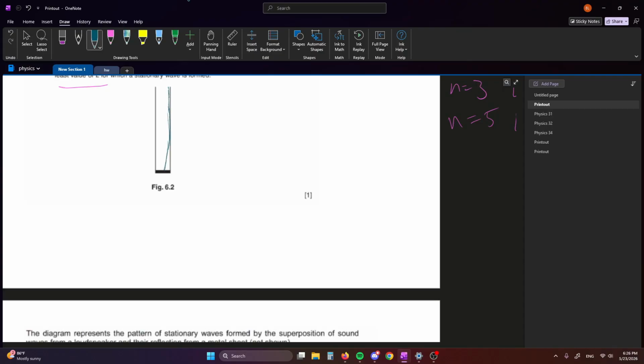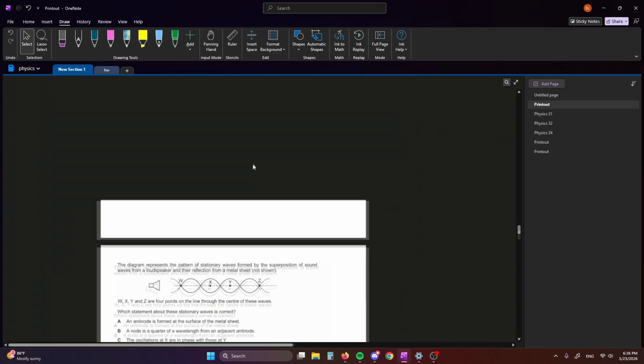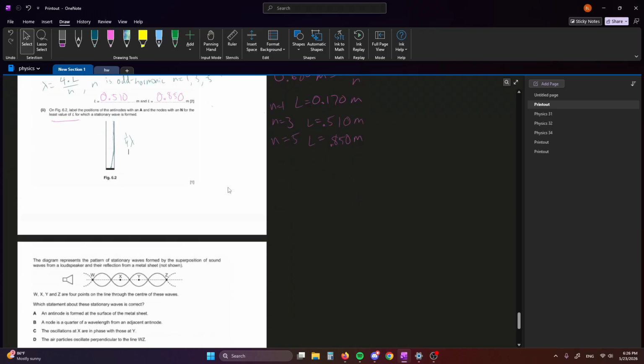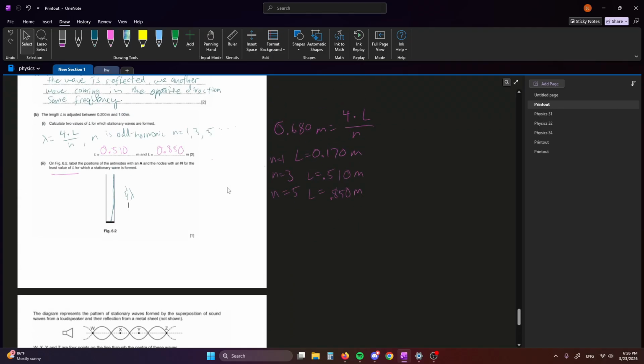So it's like that. And this should be 1/4 of a total wavelength. All right. I believe that is right. And then I forgot the A and N, sorry. So this becomes A and this is an N.